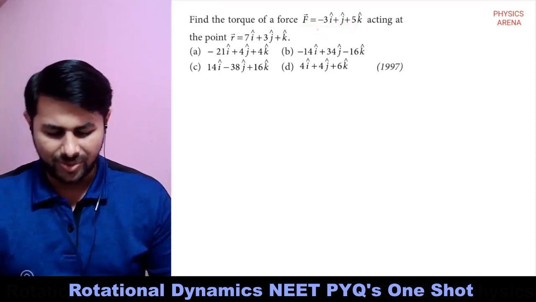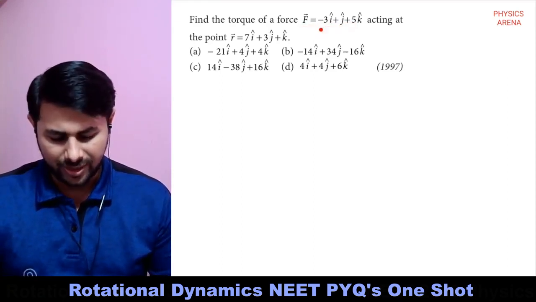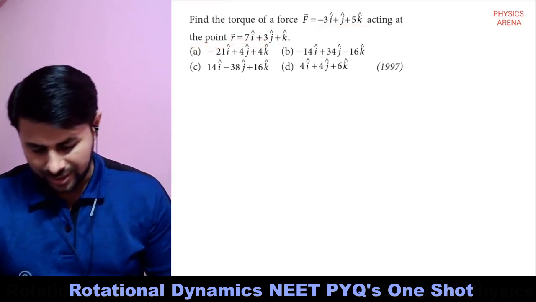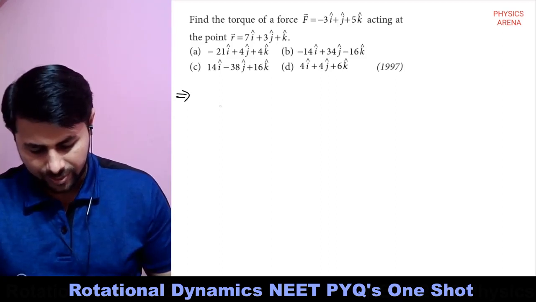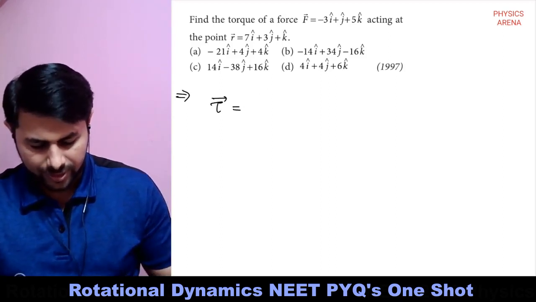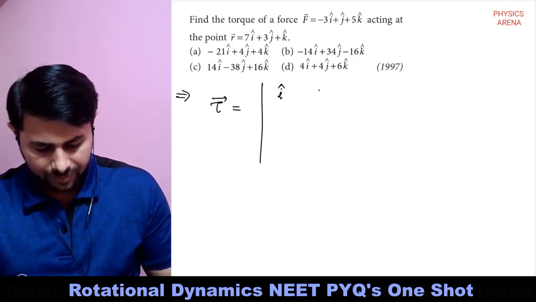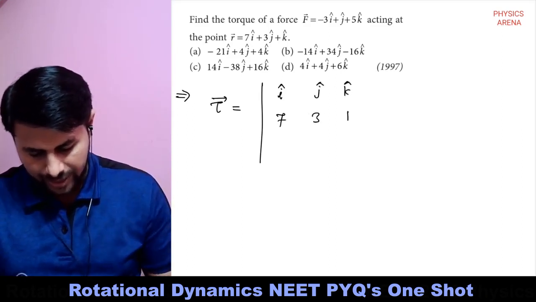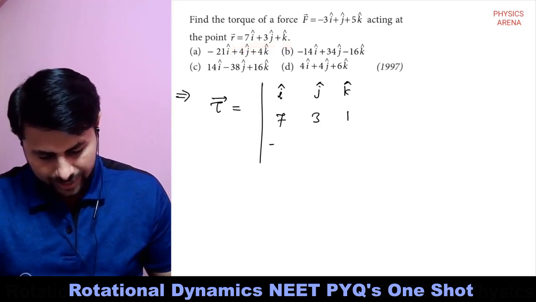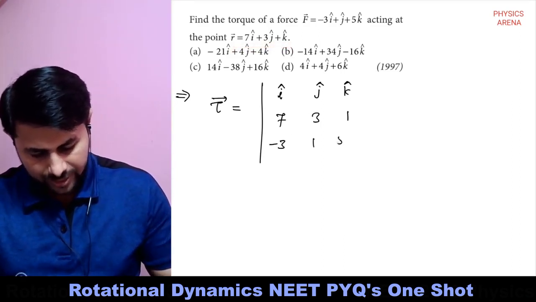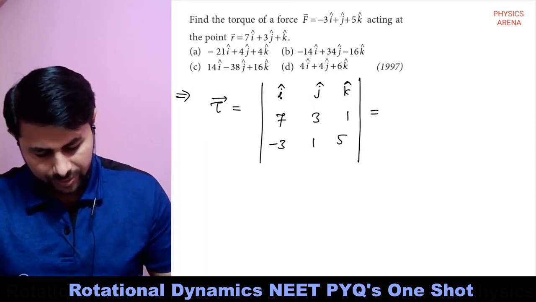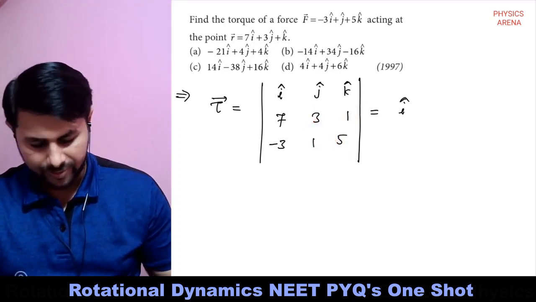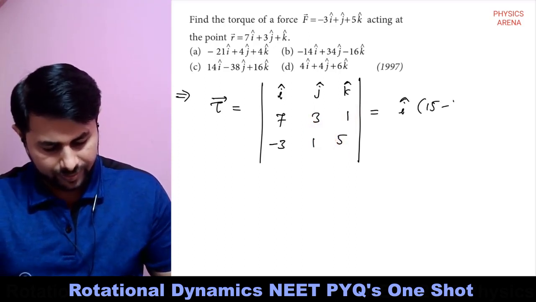Find the torque of a force F bar equal to this, acting at a point R bar equal to this. They are just asking you to do a vector product. So let's find out torque. It is i j k, 7 3 1, R bar, and minus 3 1 5. This is equal to i multiplied by 3 times 5 minus 1 times 1, that's 15 minus 1.